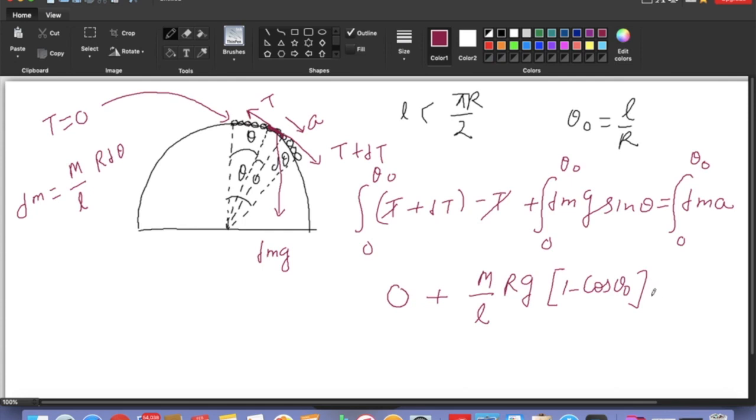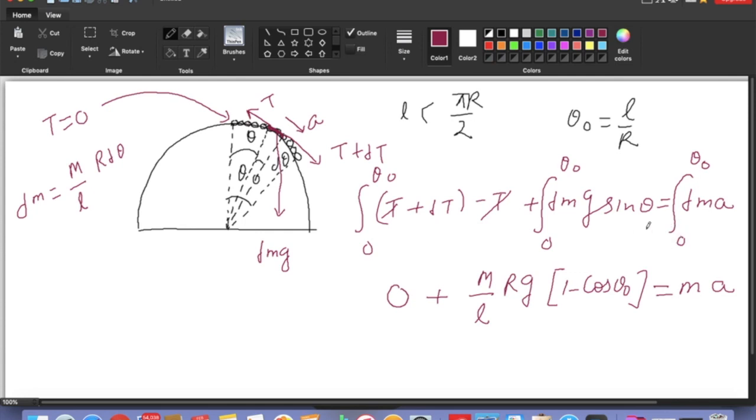On the other side I'll get m into a, because when I integrate, a will come out, so it will be the integration of dm from 0 to theta naught.